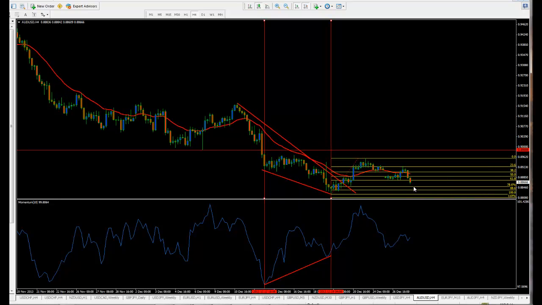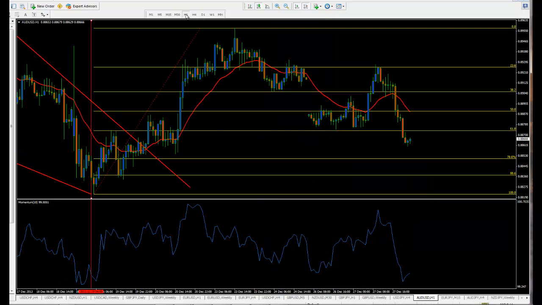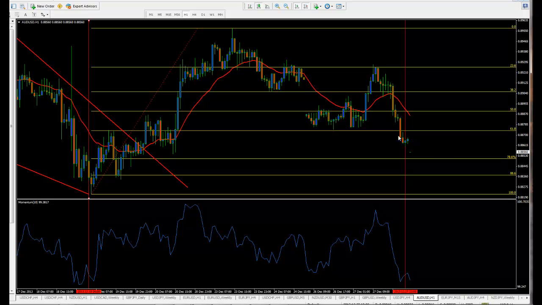Now, our first order of business though is to see if we're going to get movement down here at the 78%, which would be the Gartley. So what we want to do is drop down to the lower time frames. In this case, we just keep moving down hourly. We're looking for divergence. So let's go ahead and put a vertical line. We do have a little bit of divergence.